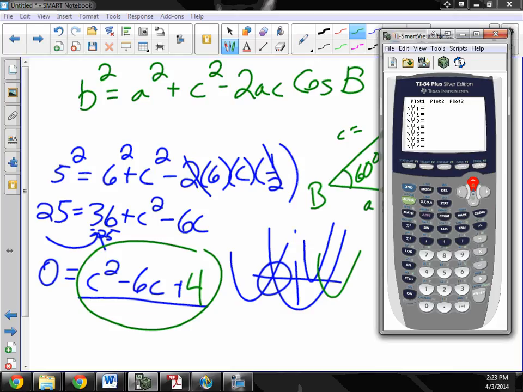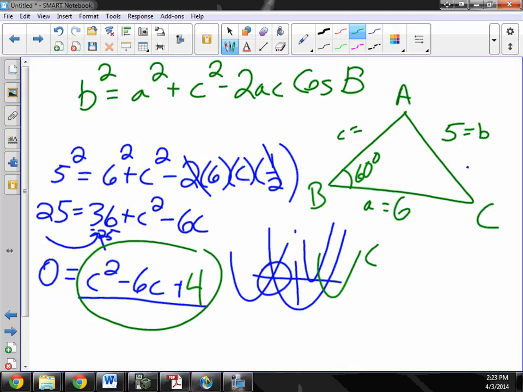So if it hits once, that's the answer, and you find the other angle using the law of sines and law of cosines. But x squared minus 6x plus 4, we graph that. Both of the roots are positive. So let's say the one is 1.8 and the other is 5.1.